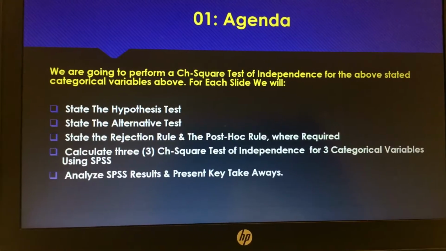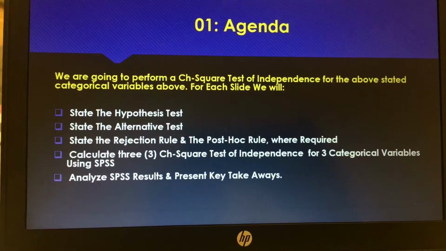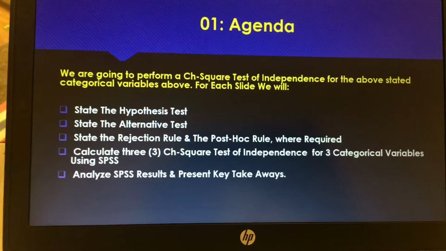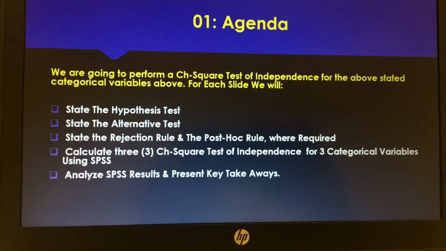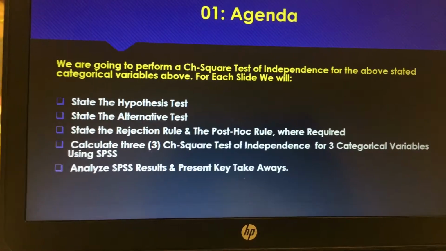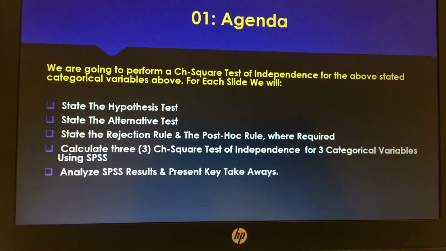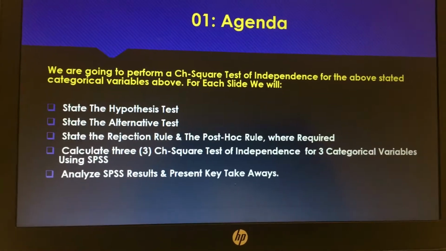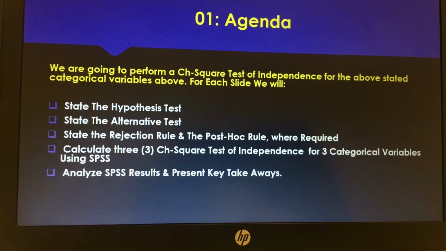Really, very quickly, I need to mention that the chi-square test of significance is a statistical tool that you can use to identify whether there's a relationship between two categorical variables.